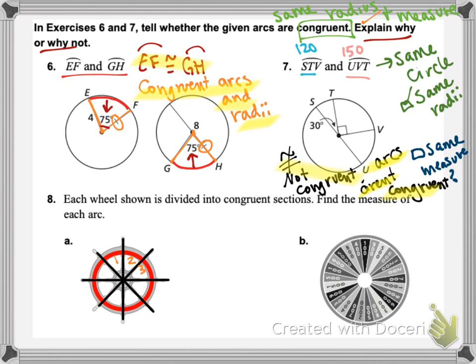We got 1, 2, 3, 4, 5, 6, 7, 8. We know that all of the arcs added together is 360 degrees. I need to divide them into 8 congruent sections, so I'm going to divide by 8, which would be 45 degrees. So each piece is 45, 45, 45, 45, 45, 45, 45, 45.